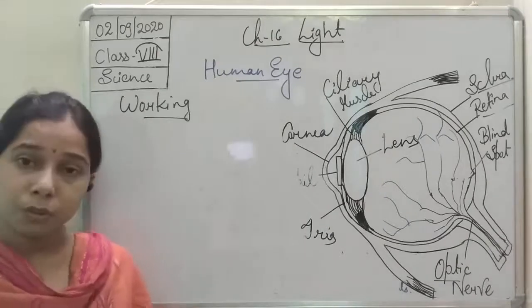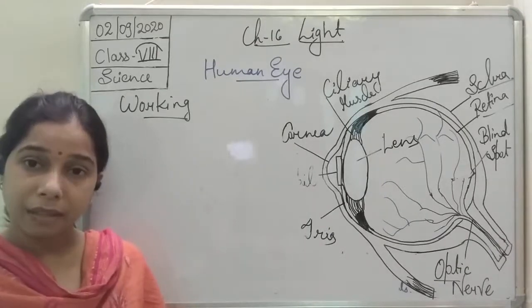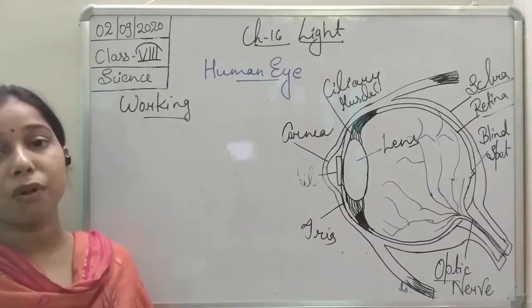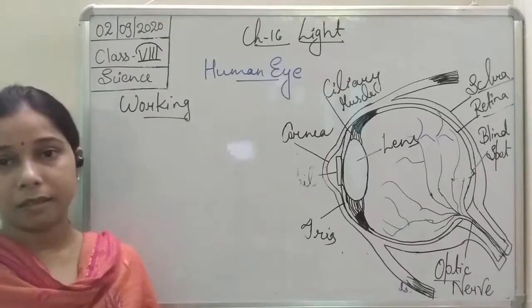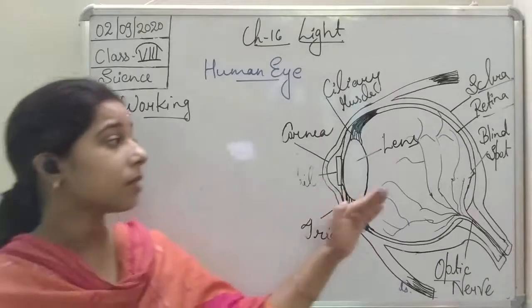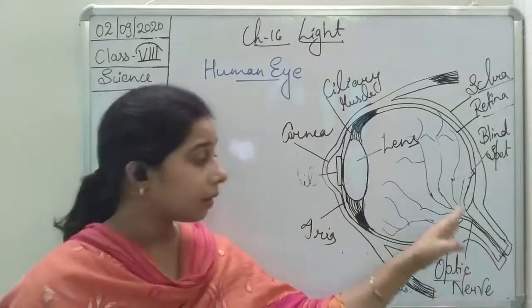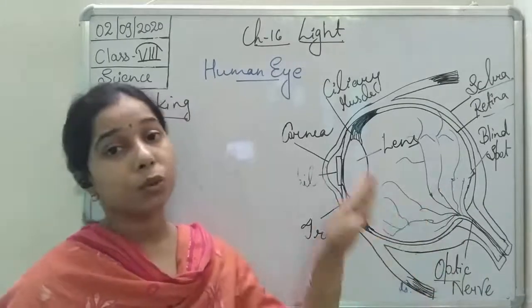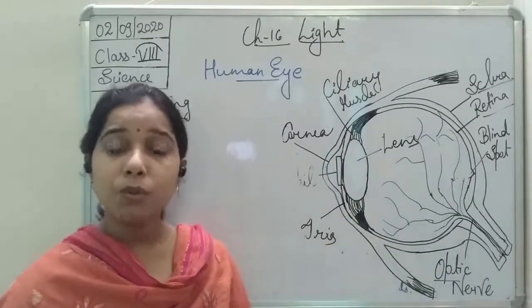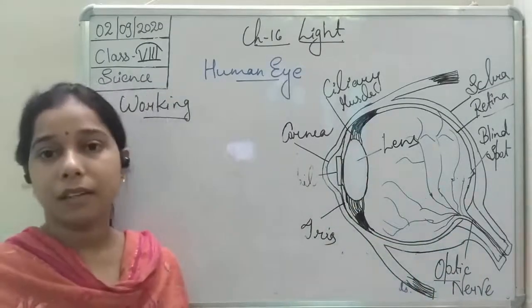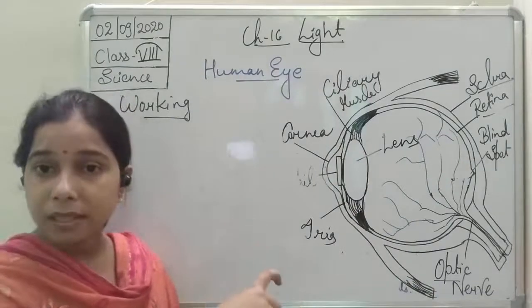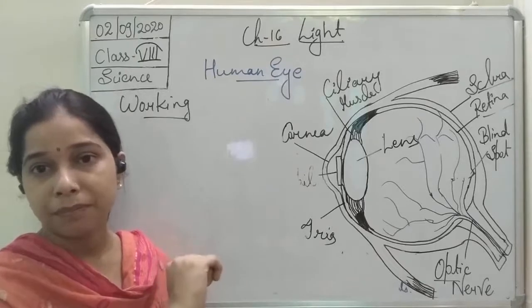So basically, you know the function of the retina is converting the information of the image into electrical signals. The optic nerve helps in connecting the retina to the brain. It carries the impulses from the retina to the brain.